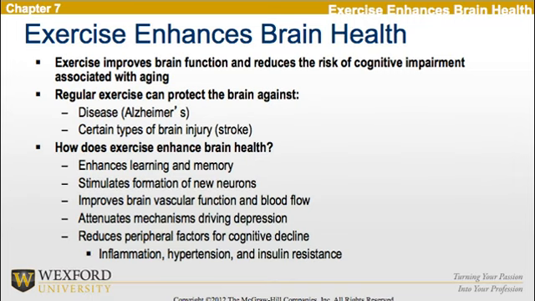What we see is an enhancement in learning and memory, which stimulates the formation of new neurons, which would also improve brain vascular function and blood flow. It attenuates mechanisms driving depression and reduces peripheral factors for cognitive decline, such as inflammation, hypertension, and insulin resistance.